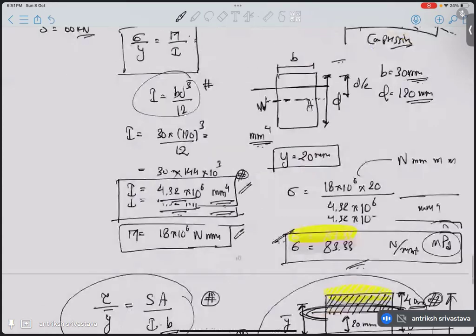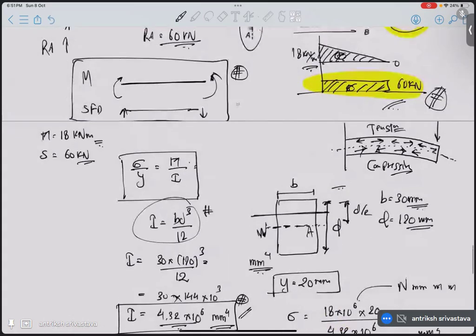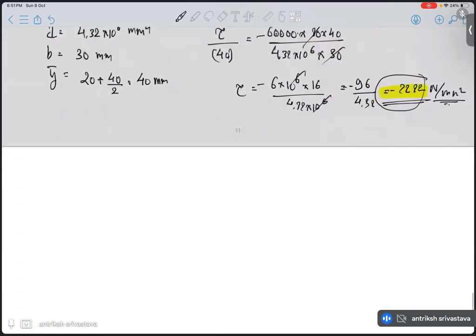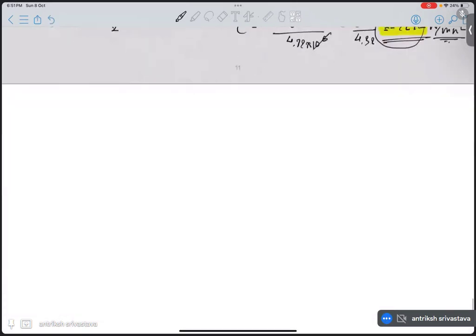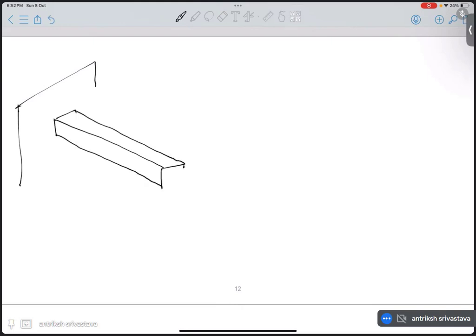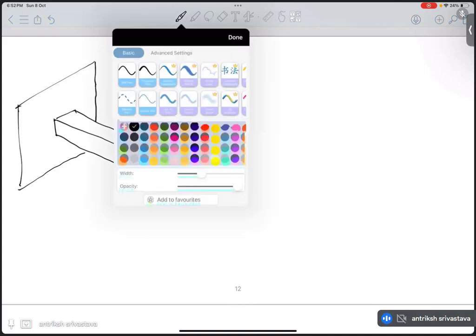Now see, we have put the load only from the top. So let's try to visualize this. This was our beam in 3D. We put a very heavy load here, which bent the beam in this way.